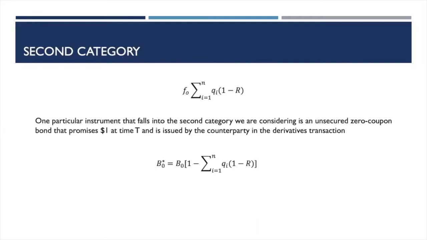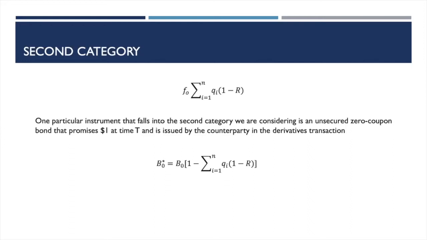For the second category, fi is always positive, so the expression maximum between fi and 0 always equals fi. Supposing that there is only one payoff of the derivative, at time T, then fi must represent the present value of the payoff, so vi is equal to f0 for all i.